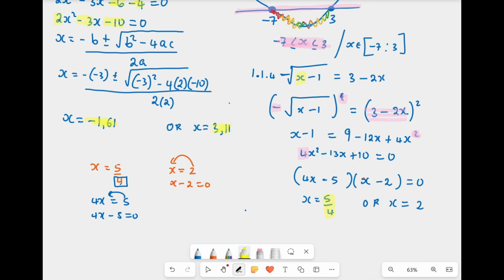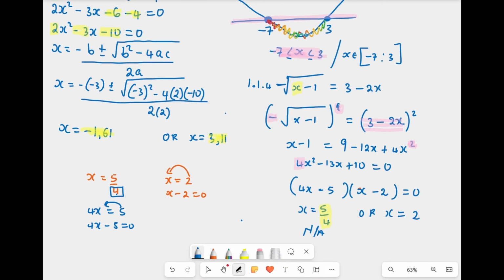But now if I take this 5 over 4 and substitute it in my right hand side where there is x again, I am getting positive 1 over 2. And negative 1 over 2 is not the same as positive 1 over 2. Since the left hand side is not equal to the right hand side when I substitute 5 over 4, that means 5 over 4 is not applicable.